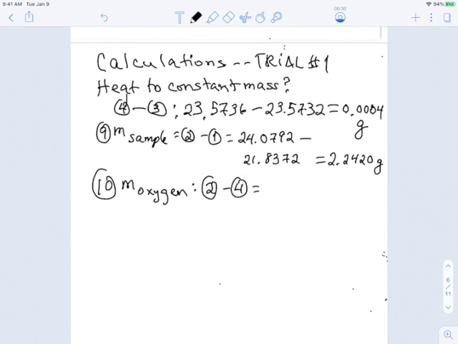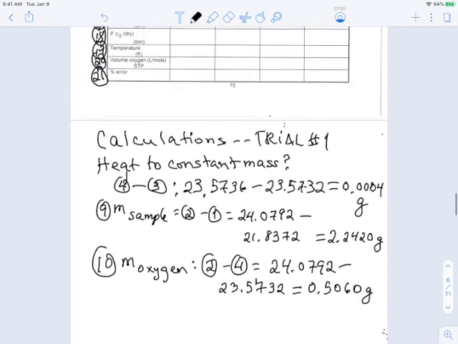In our numbers from Susan's, that would be 24.0792 minus 23.5732, and that equals 0.5060. So that's going to be the number of grams of oxygen that we have.